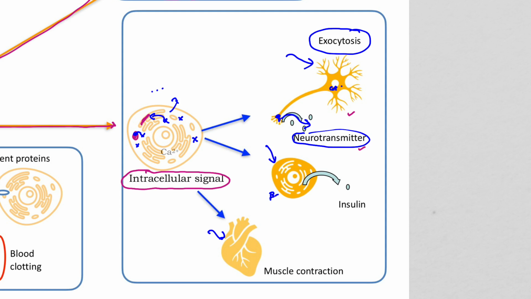The beta cell in the pancreas, when it's stimulated, the calcium increases, and the calcium stimulates exocytosis, and the vesicles containing insulin will fuse with the plasma membrane, and the insulin will be secreted out into the bloodstream. Similarly in muscles, when they are stimulated, calcium levels increase, and that calcium then goes on to do other things that lead to activities such as muscle contraction. So when calcium concentration increases in the cytoplasm, it can cause cells to do all kinds of things.